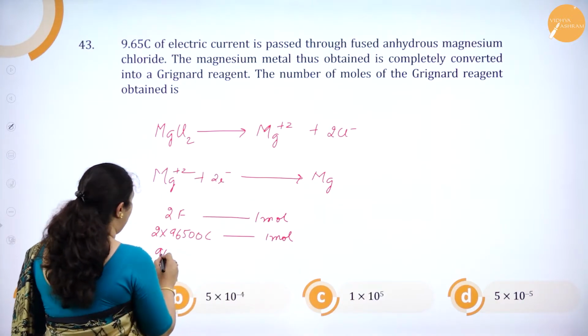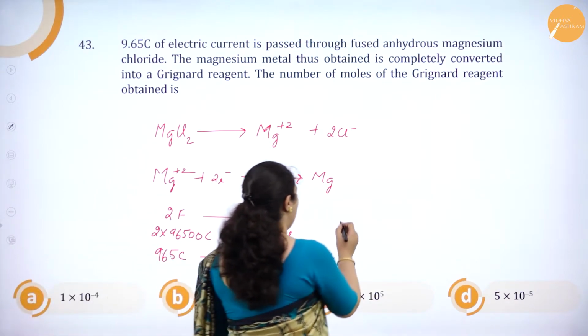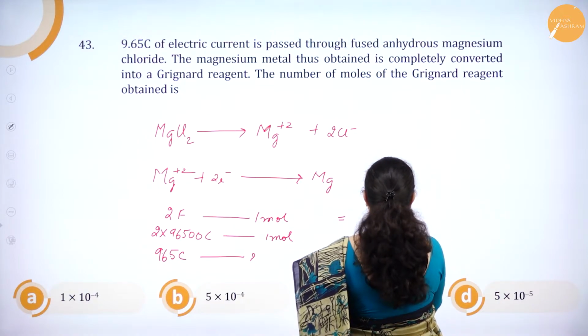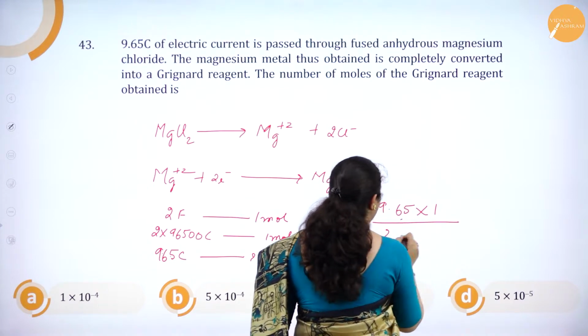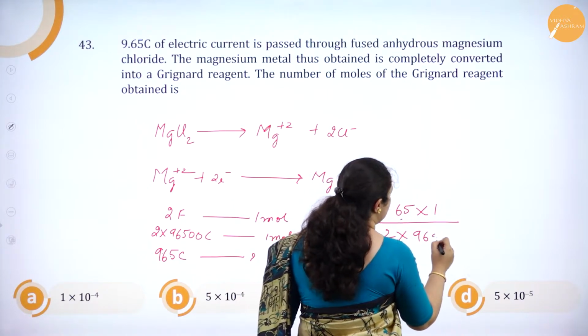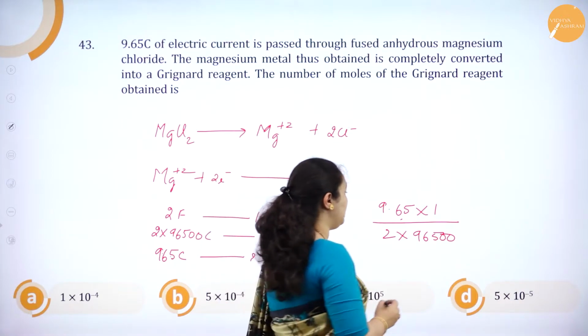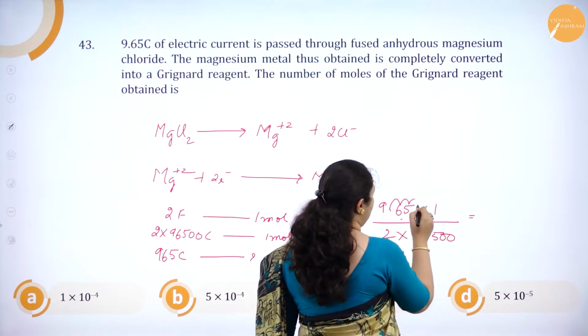So, I am passing 9.65 coulomb. Then, how much? So, total number of moles of magnesium is 9.65 into 1 divided by 2 into 96,500. So, what will be the answer here? I just have to move the points, another 2 points.